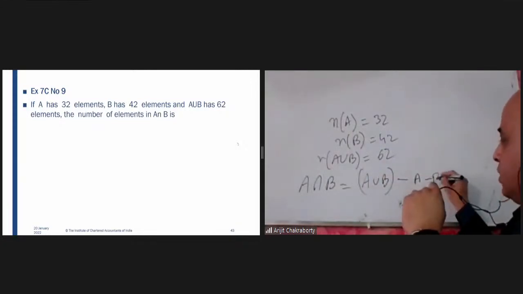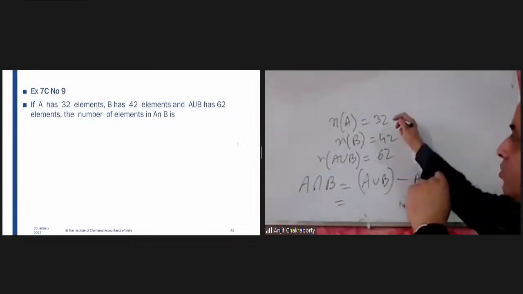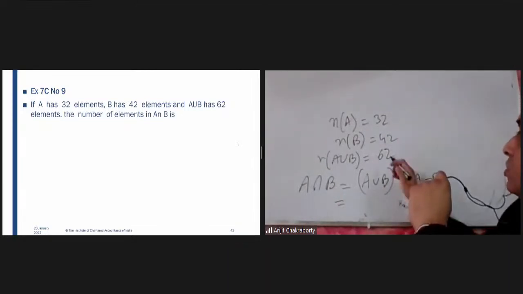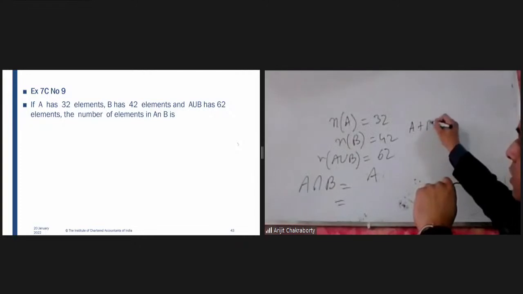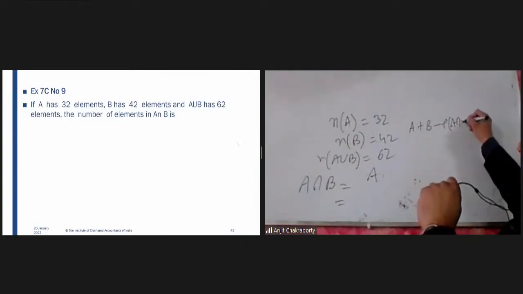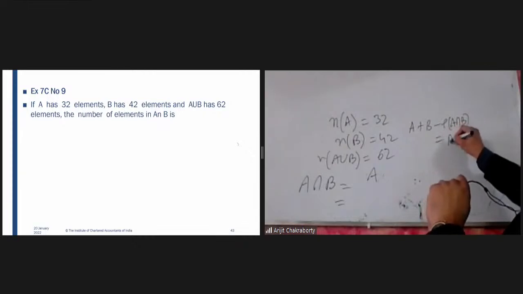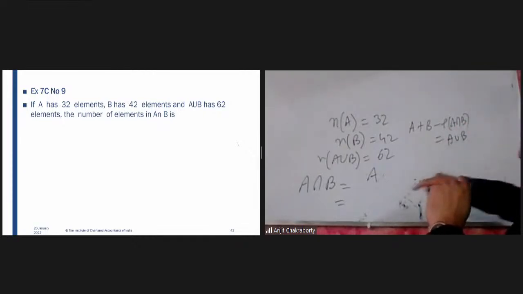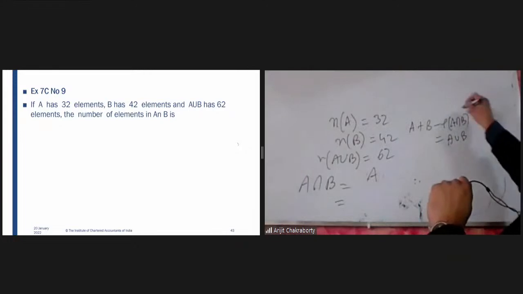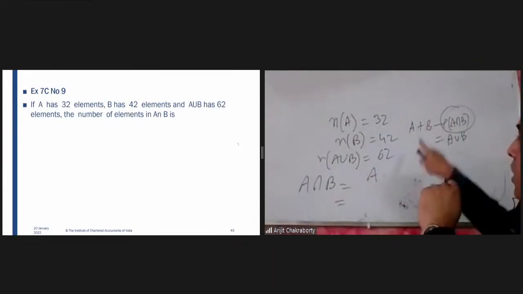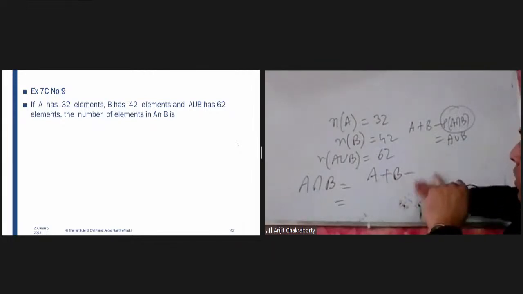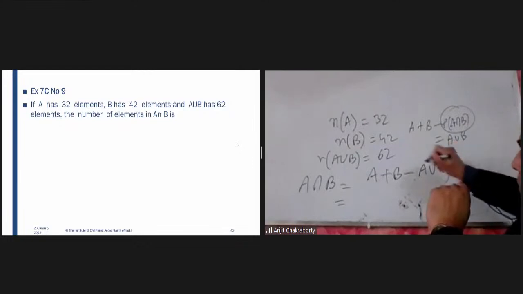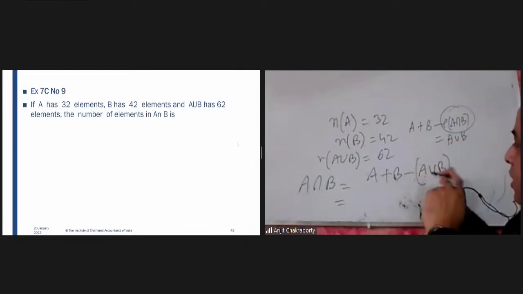We have to find the intersection, so the formula is n(A) plus n(B) minus n(A union B).